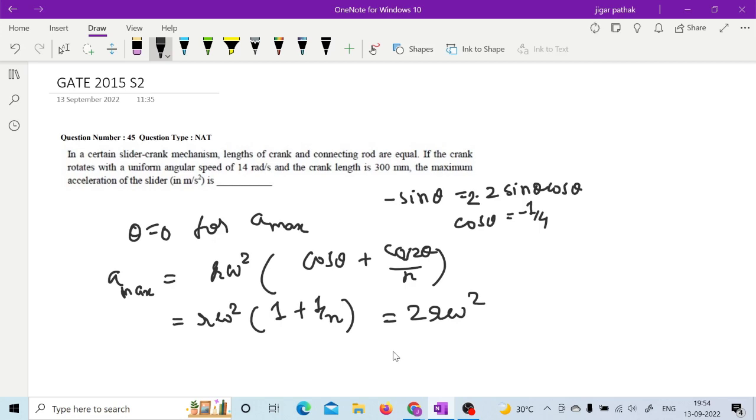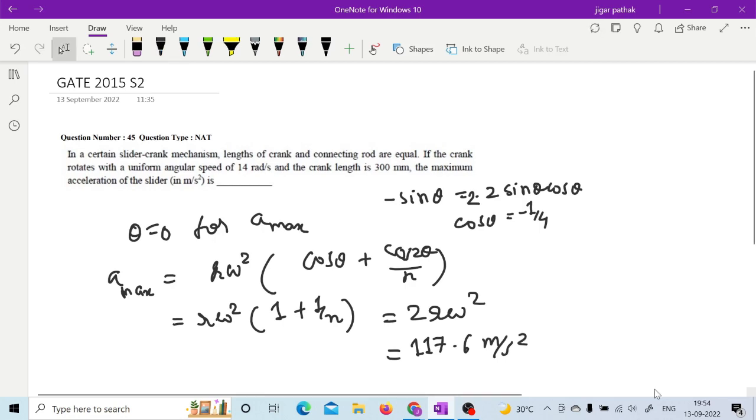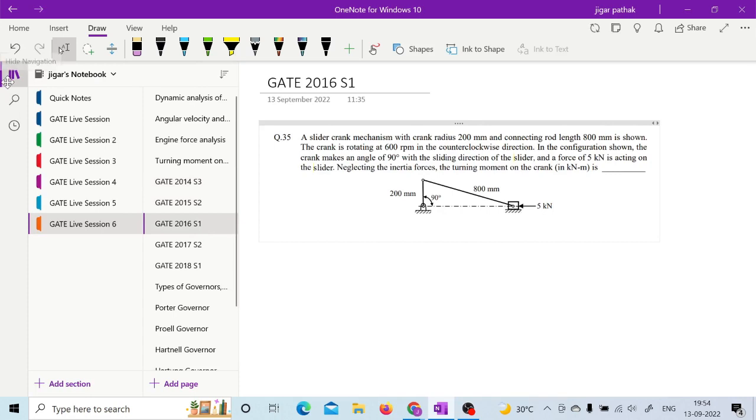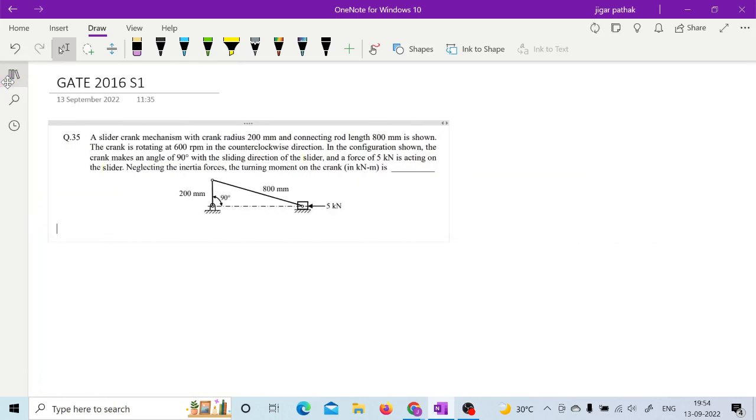You are given the crank length and the angular velocity, so when you write the values, you will find it is coming around 117.6 meter per second square. So is it okay? Yes, sir. Okay, so for the next question, sir, velocity is maximum at theta equal to pi by 2.